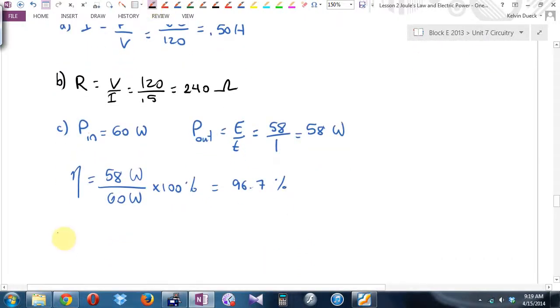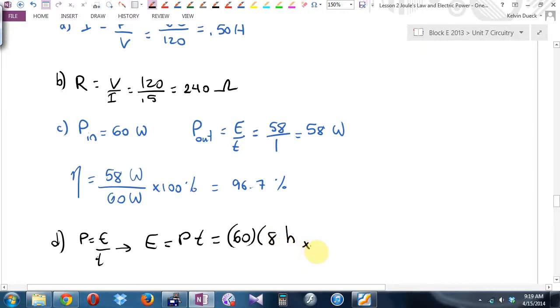D, how much energy did we use? Now, we're going to look at total energy. We need to take into account the time. So we said power is work or energy over time. So the total energy is going to be power times time. We're using 60 watts. How long is this bulb left on for? 8 hours. I got to do a conversion. So that's going to be 8 hours times 3,600.